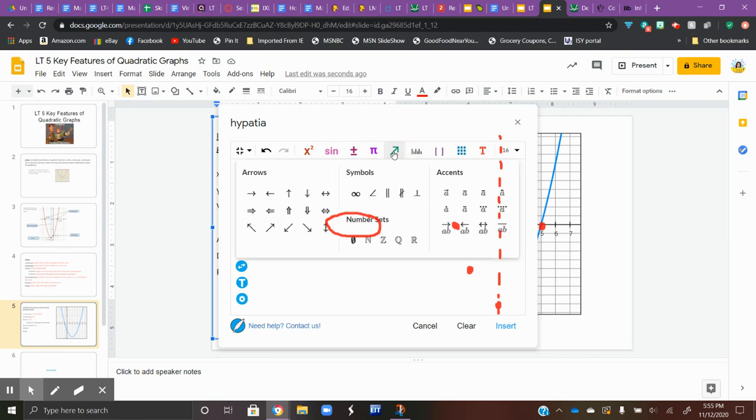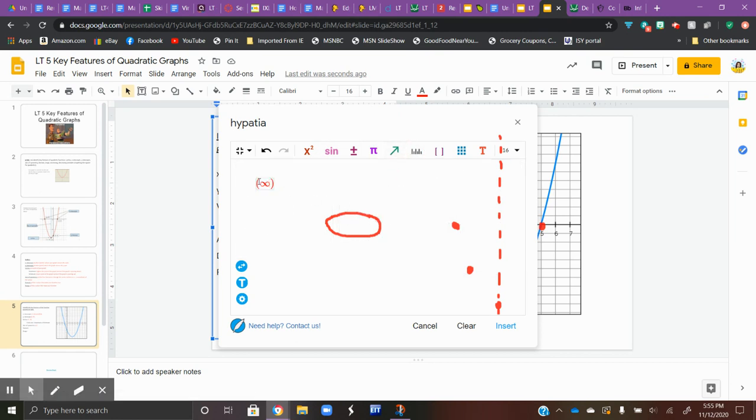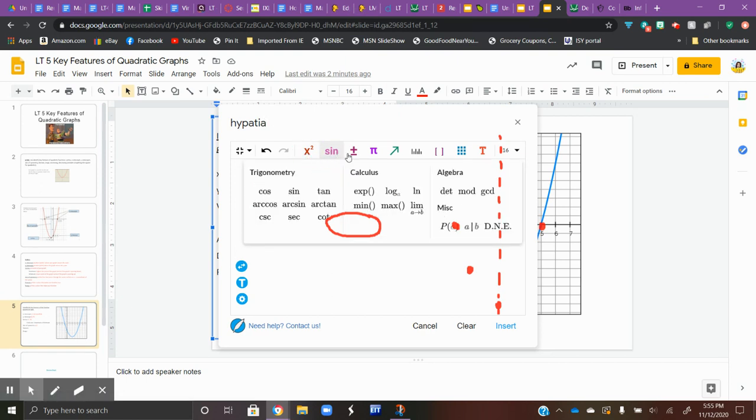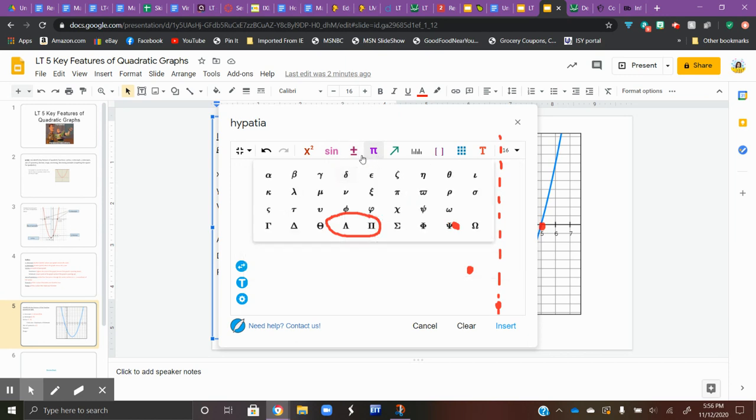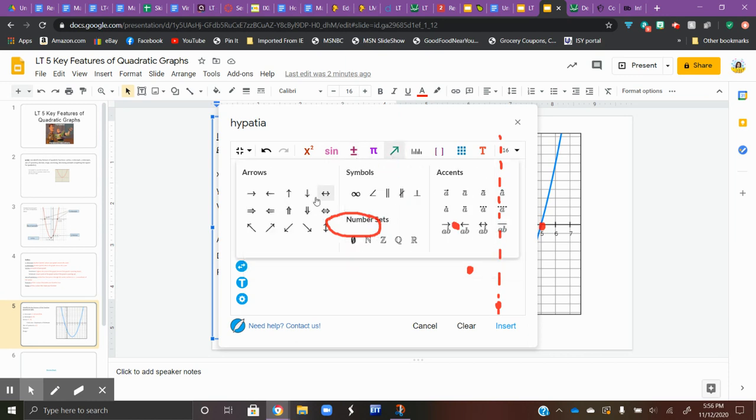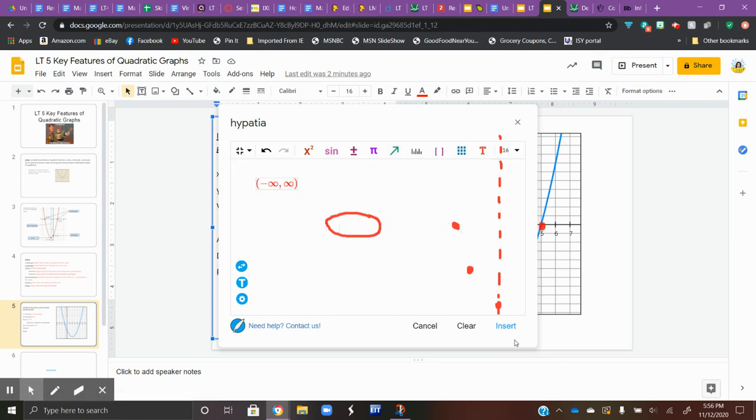Here we go. Okay, so to the left is negative infinity, and it goes forever to the right, which means it goes from negative infinity on the left all the way to positive infinity on the right. Okay, so that's our domain.